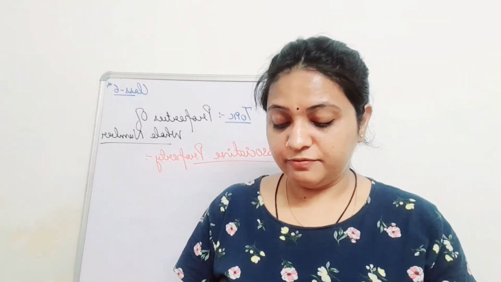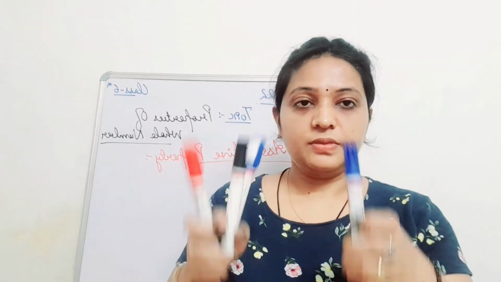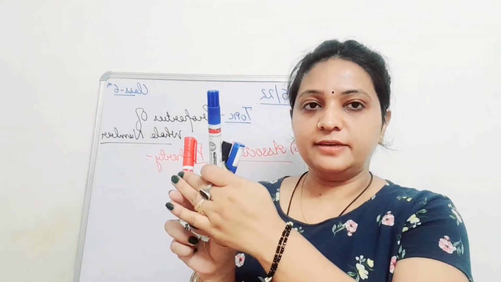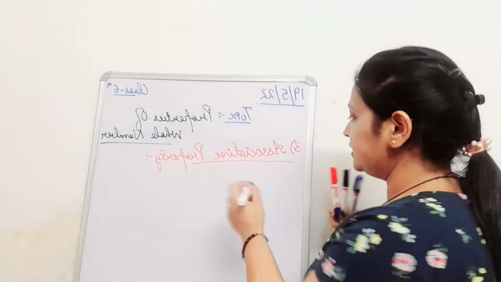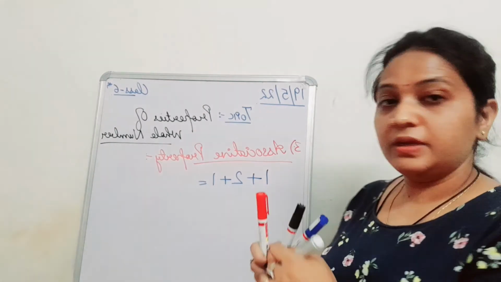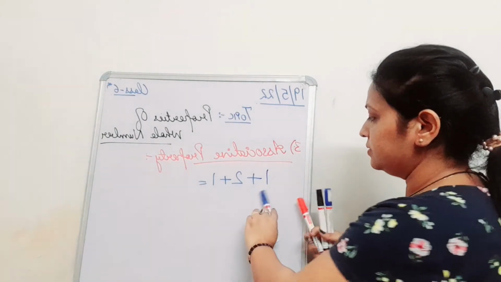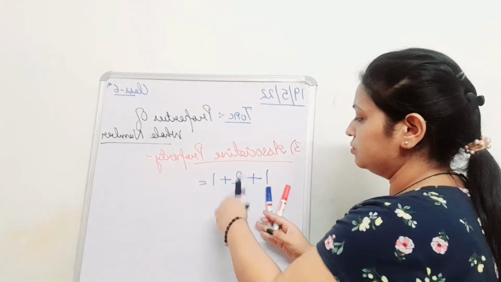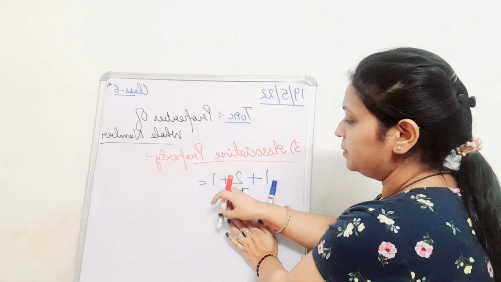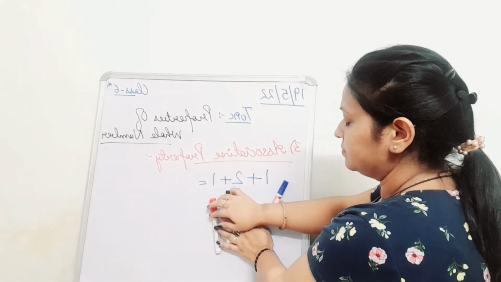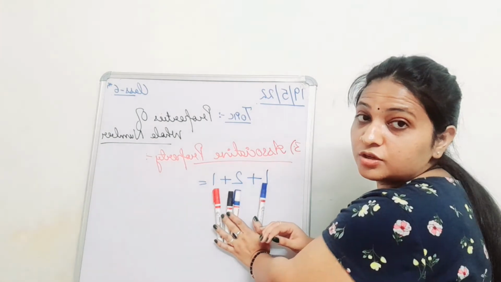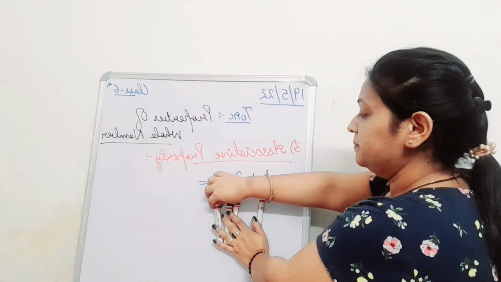This time I have three options: 1 plus 2 plus 1. So 1 plus 2, and plus 1 marker. It's up to me.